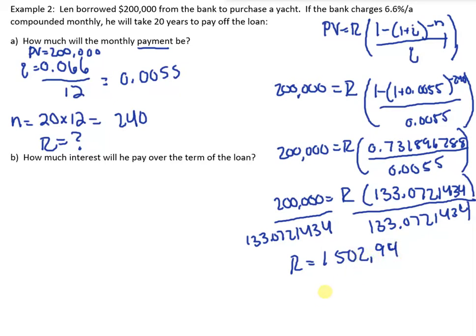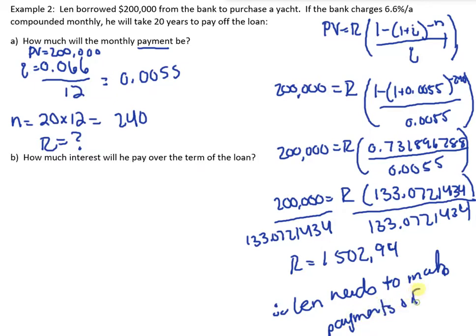So therefore, Len needs to make payments of $1,502.94 to pay off that $200,000 loan for that yacht.